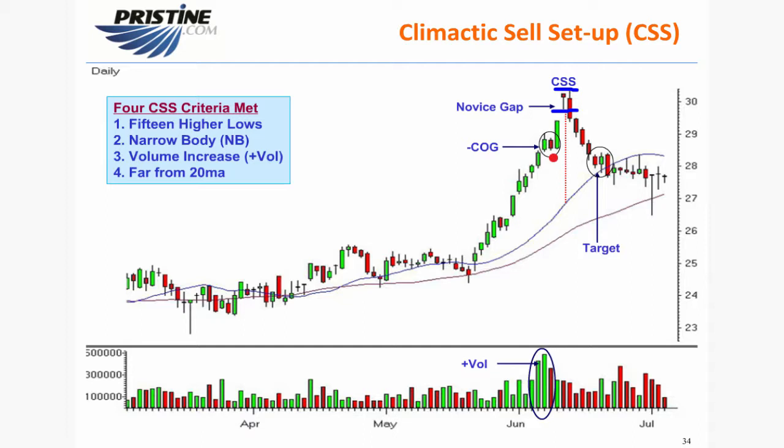Should we expect a complete trend reversal after a climactic move? No, I wouldn't say that. It might take a little bit of time for the trend to reset, right? But I wouldn't expect a complete trend reversal. However, there are times where that will happen based on the larger time frame.